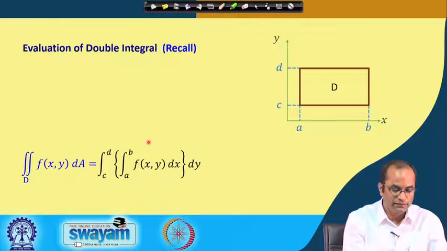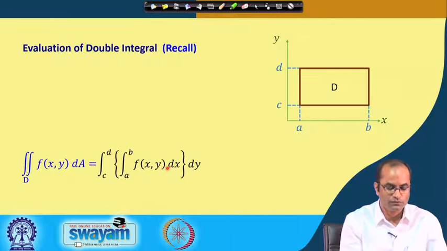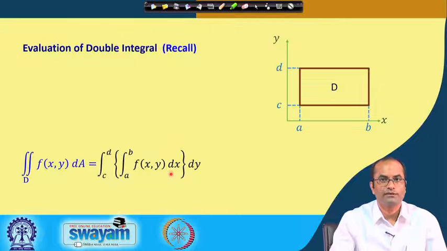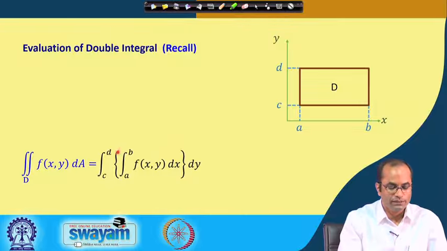Either we can integrate this function over dx, and the limit for x will go from a to b. First evaluate the single integral with respect to x, and this will be a function of y which can be integrated in the second step with respect to y, so the limits of y will be from c to d.